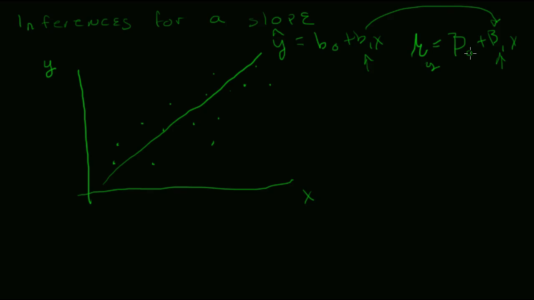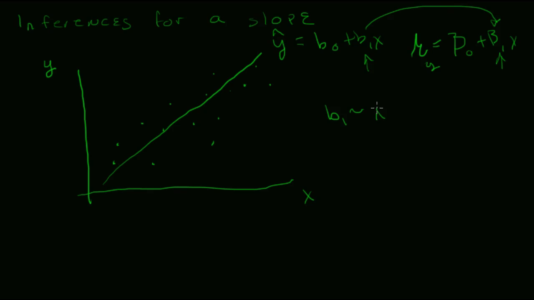A couple of things are going on here. We want to know how the b1s are distributed.